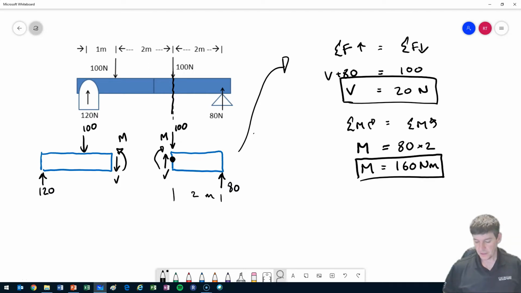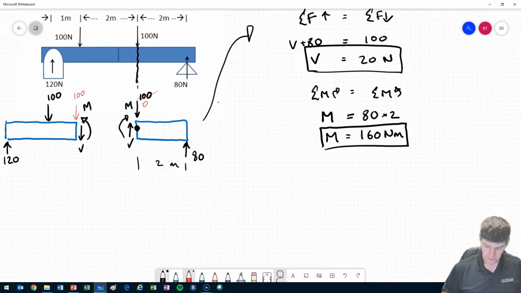Okay, so that's one approach that I could take. However, if I took the approach that I didn't have 100 here, so let's say I had 0, and my 100 was actually over on the left-hand side. Let's see what happens.